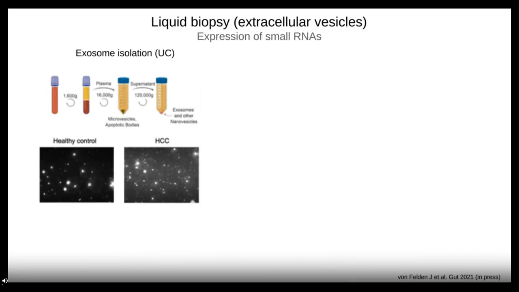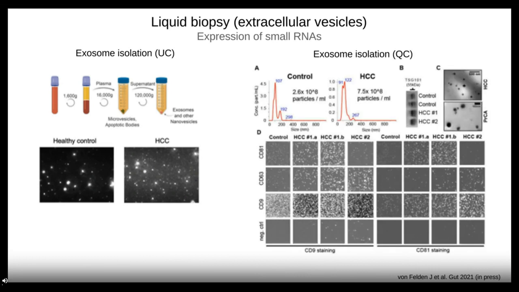So we did this study where we isolated vesicles, using ultracentrifugation, which is a rather dirty way of isolating vesicles, from healthy controls and patients with HCC. We did a number of studies to make sure that we were isolating vesicles, including Western blotting, electron microscopy, immunolabeling, and NTA tracking analysis.